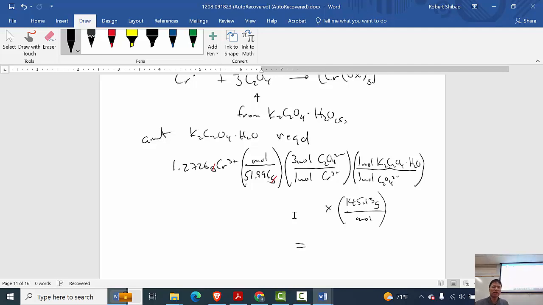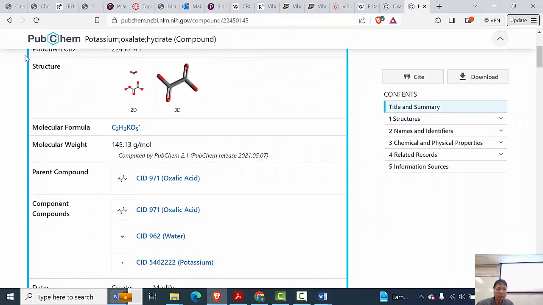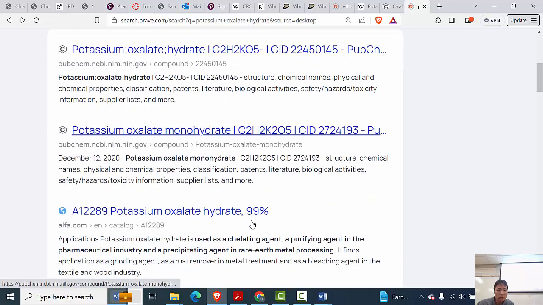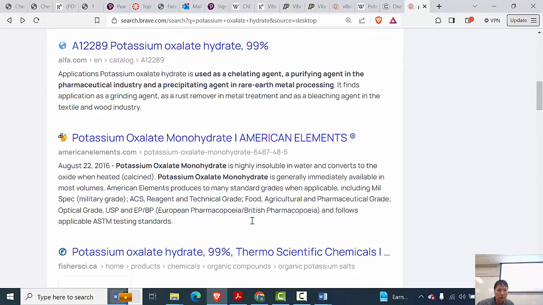So how much potassium oxalate do I need to react 1.2726 divided by... wrong molar mass? Okay. What did you get for the molar mass? Let me check another source.